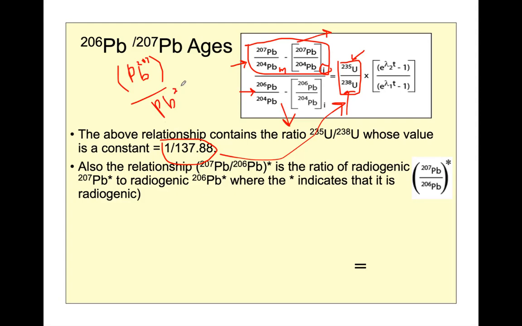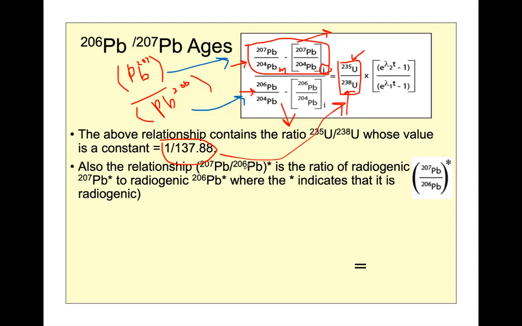Why? Because you are getting the radiogenic production only from this equation: radiogenic production of 207 by this term and radiogenic production of 206 by this term.